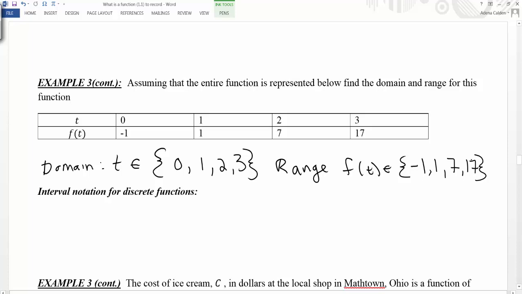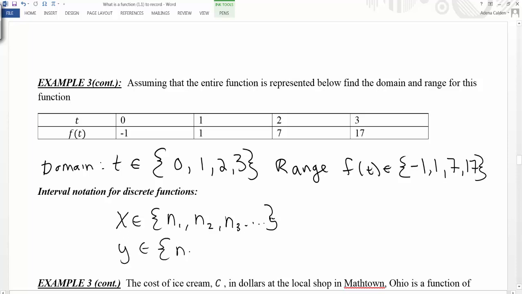So interval notation for discrete functions are going to list sets of numbers. So usually when we do this in general, we say x is an element of, and then we say something like n sub 1, n sub 2, n sub 3 to represent the different numbers that x can take on. Same thing when we talk about the range.